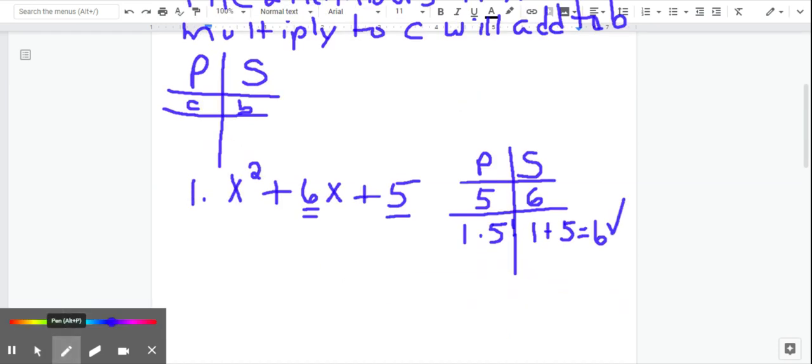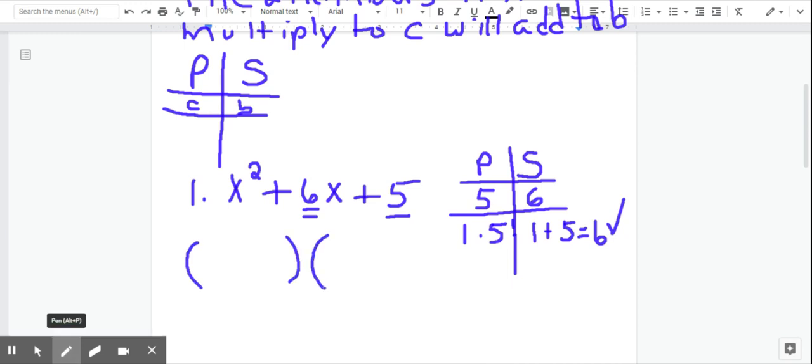So now the next step is to put our two parentheses. We break up our first term, x squared. What times what is x squared? X times x. Now we look in our table. We have a positive 1 and a positive 5. There's our answer.